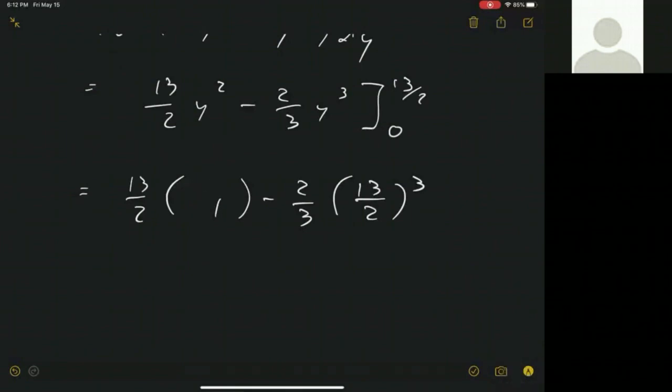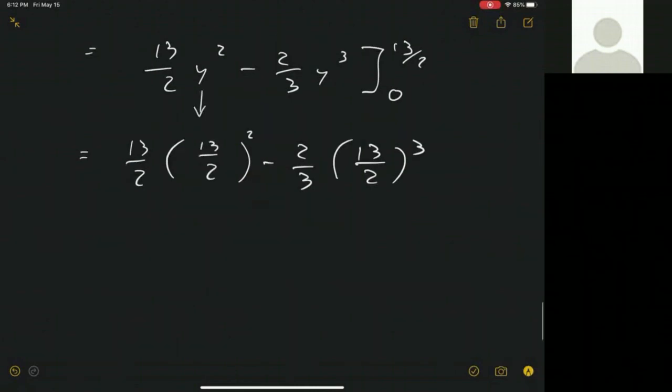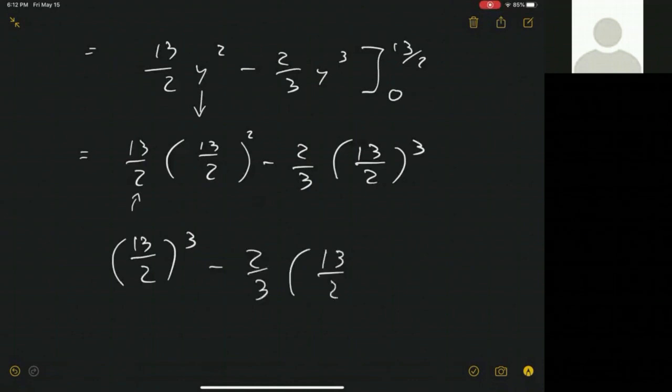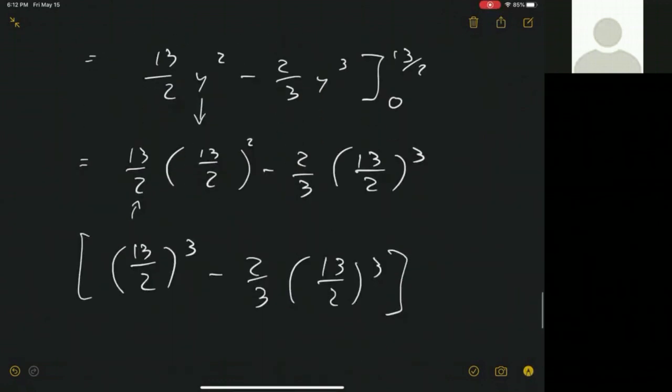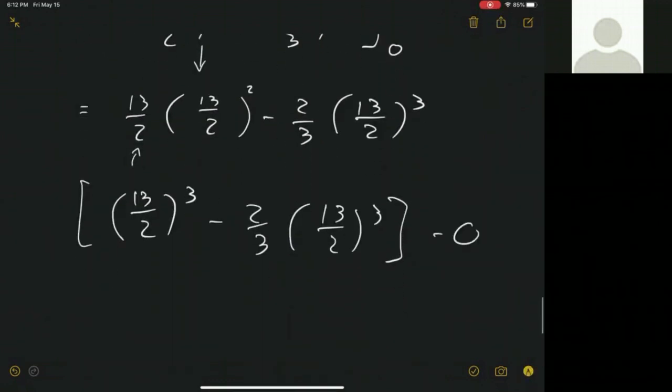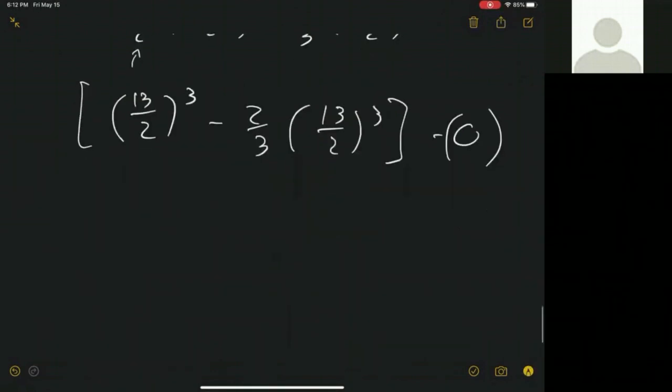Actually, let's see, we can make this a bit easier on ourselves. This is 13 over 2 squared, right? From this y squared, times 13 over 2. So I have 13 over 2 to the power 3 minus 2/3 of 13 over 2 to the power 3. That's just my first piece. And then I plug in 0 and I get 0. So I have 1/3 times 13 over 2 to the power 3.